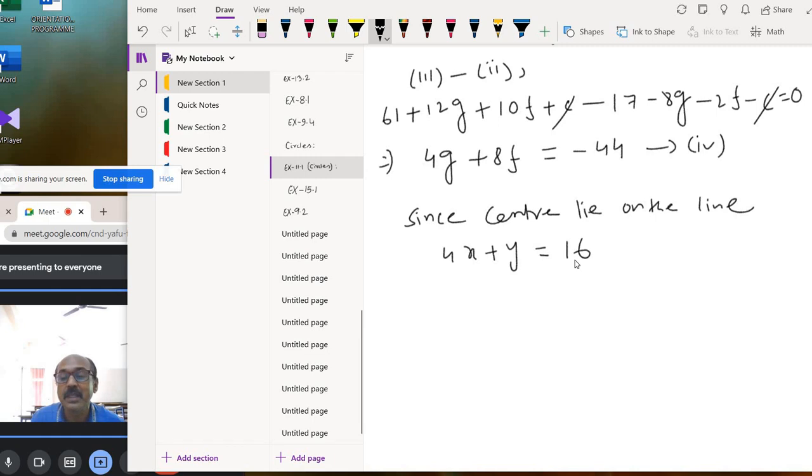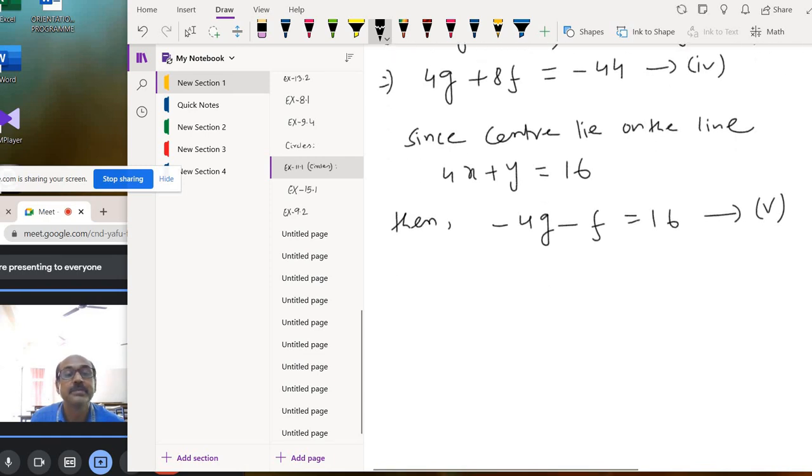Center means minus g and minus f. So put x equal to minus g and y equal to minus f. Then minus 4g minus f equal to 16. This is equation number 5.